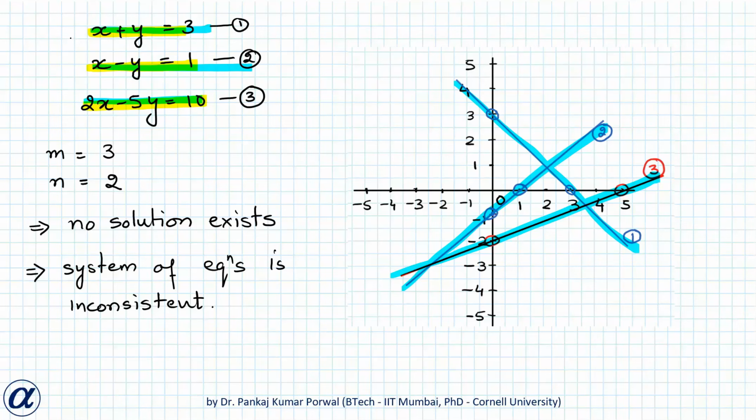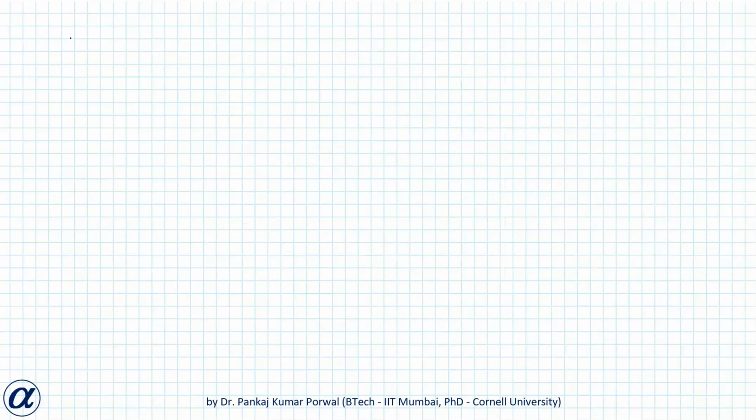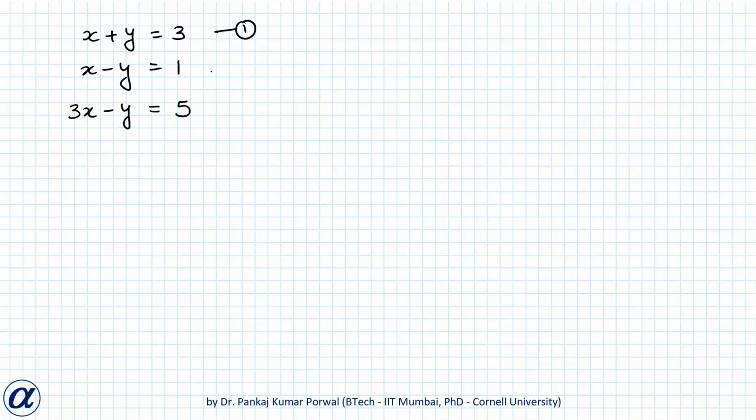Next, let's consider an example where the equations are linearly dependent. Equations are x plus y equals 3, x minus y equals 1, 3x minus y equals 5. And let's call them 1, 2 and 3.